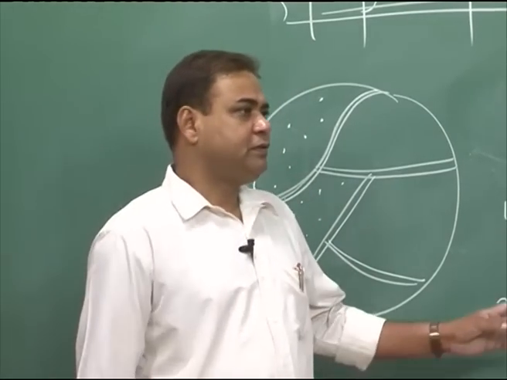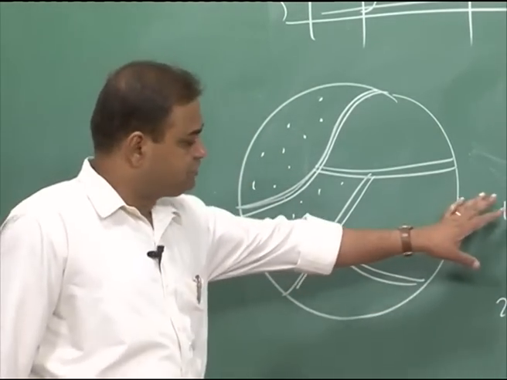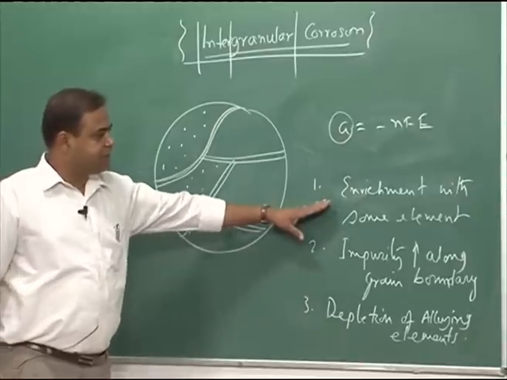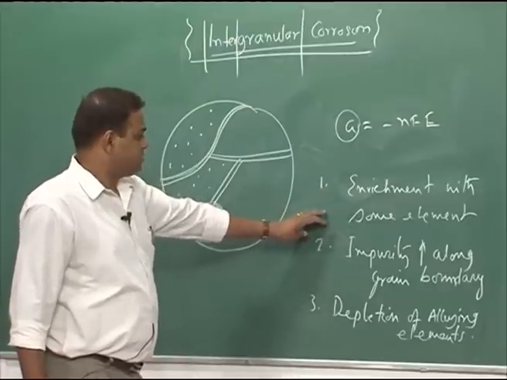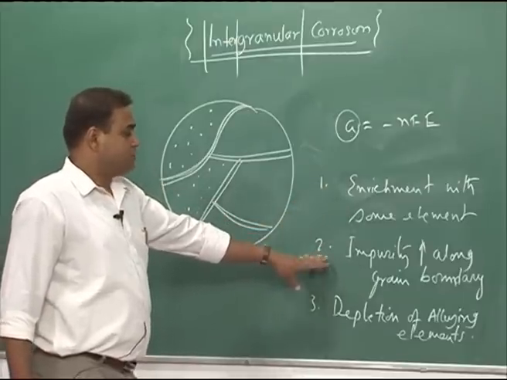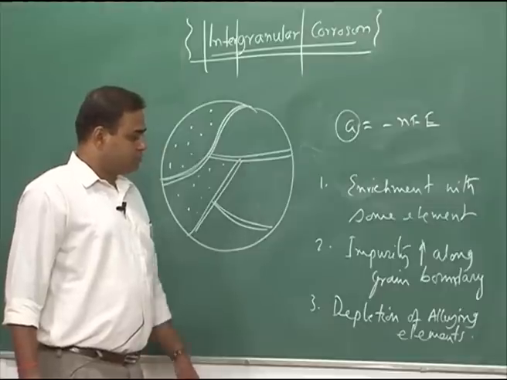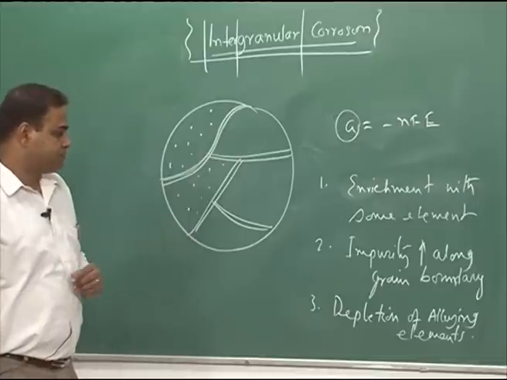So, we see some conditions because of these three effects: enrichment of the grain boundary with some elements, increase in impurity concentration along the grain boundary, or depletion of some alloying elements.